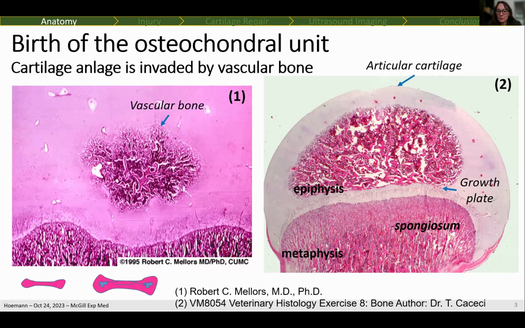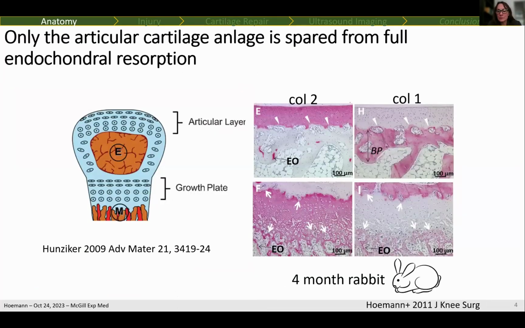So the surface of the outgrowing epiphysis is the future articular cartilage layer, and then we have the growth plate separating. And the spongiosum is what they call spongy bone. It's trabecular bone, but it's kind of thin and elastic because it's full of glycosaminoglycan and blood vessels. So actually, this growth plate will eventually turn into bone, and only the articular cartilage Anlage is spared from the full endochondral resorption.